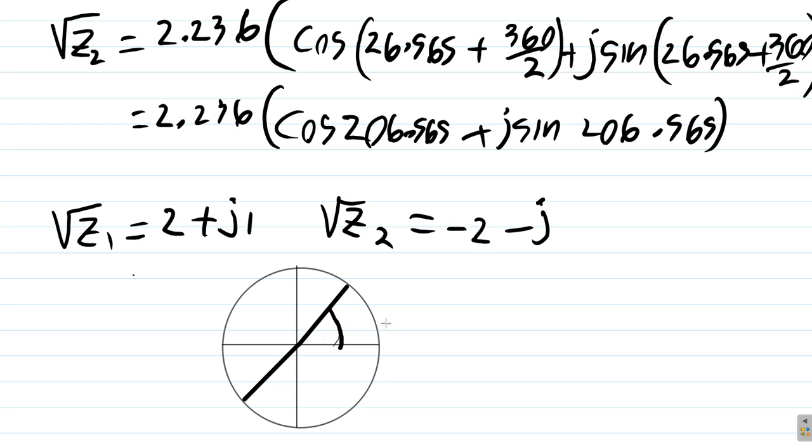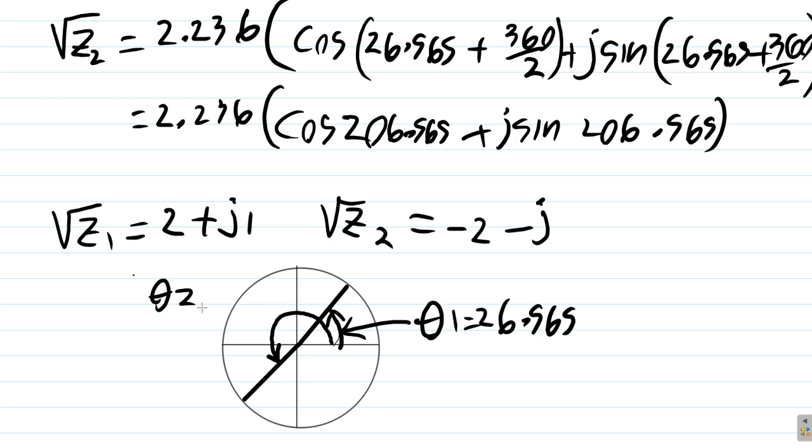That is theta 1 equal 26.565 degrees. And when we add the 26.565 to 180, we have the second angle here. So theta 2 is this, which is 206.565 degrees.